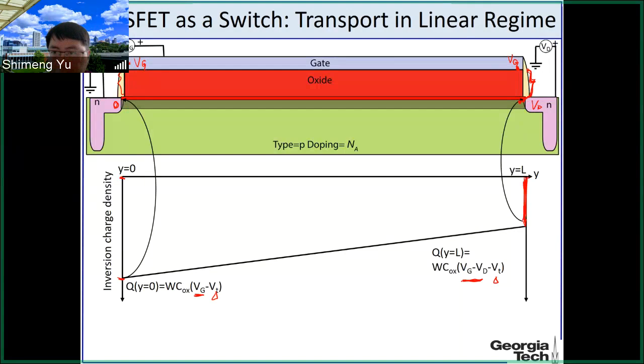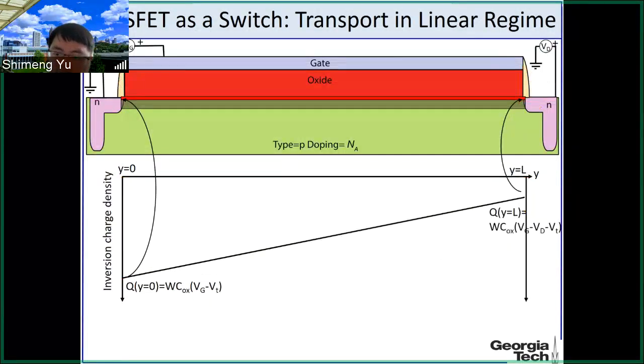As you can imagine, when you further increase the drain voltage, then this charge density will become even smaller. Okay, so this is what will happen in the channel when you apply the drain voltage.